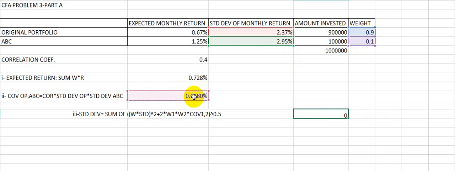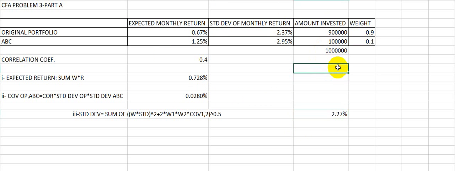Okay, and it will be this much. Now this answer should be power 0.5, I forgot to do that. So it will be equal to 2.27%. Okay. Thank you.